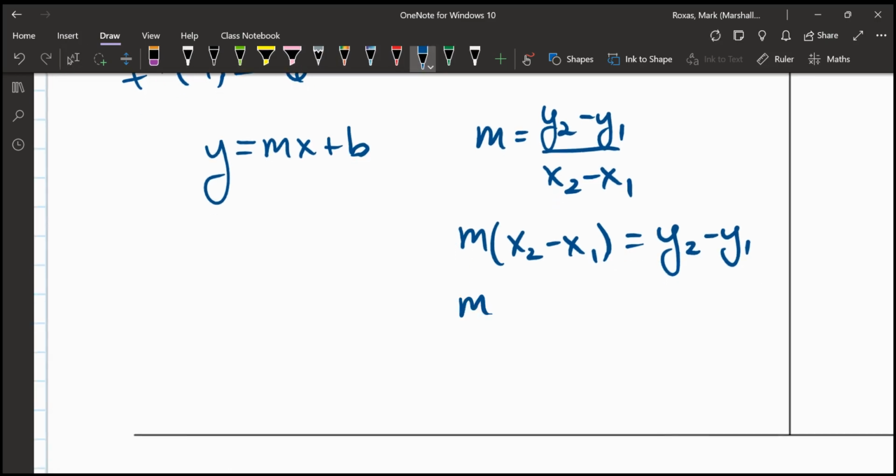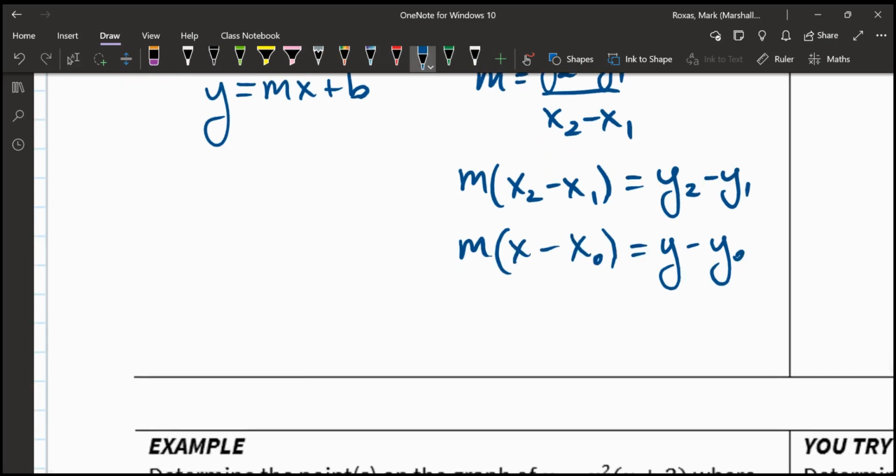What if I said m times x minus x0 equals y minus y0, which is more commonly how this formula is given. So you can use y equals mx plus b, or you can use this formula, and actually the formula is even furthermore written with the y on the left side, like so. But let me show you both ways.